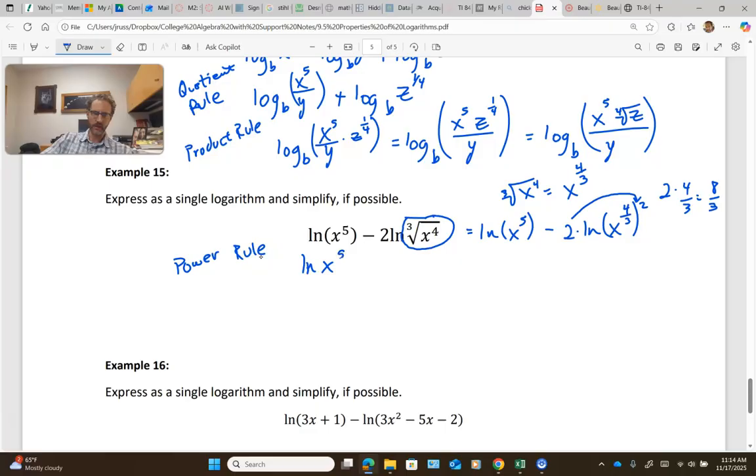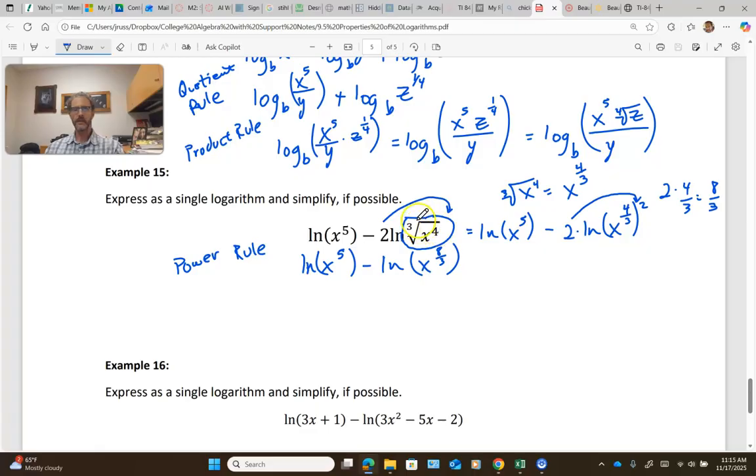So sorry about that, guys. Okay, minus, when I move the 2 back in, I'm going to multiply the 2 times the 4/3, which will be 8/3. So this will become the natural logarithm of x to the 8/3. Sorry if I confused anyone.